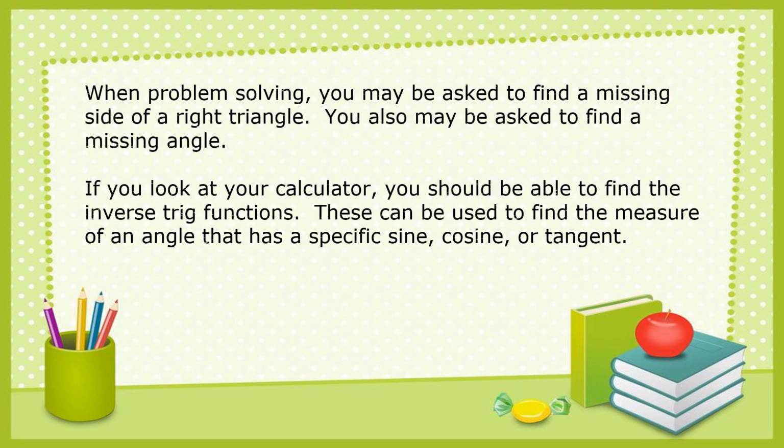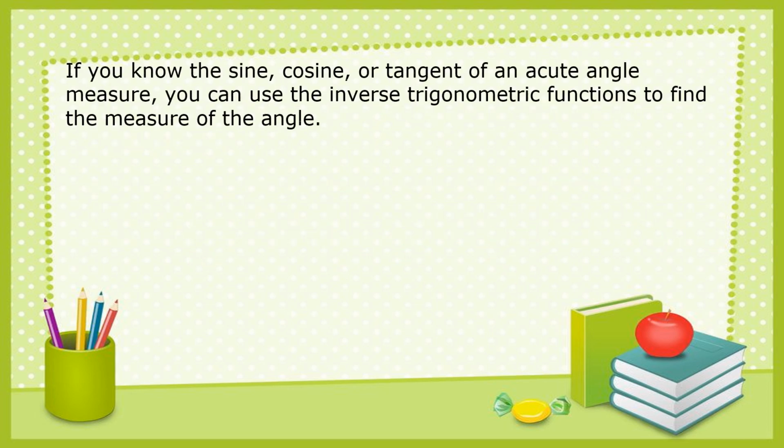38.07 feet. When problem solving, you may be asked to find a missing side of a right triangle. Also, you may be asked to find a missing angle. If you look at your calculator, you should be able to find the inverse trigonometric functions. These can be used to find the measure of an angle that has a specific sine, cosine, or tangent.